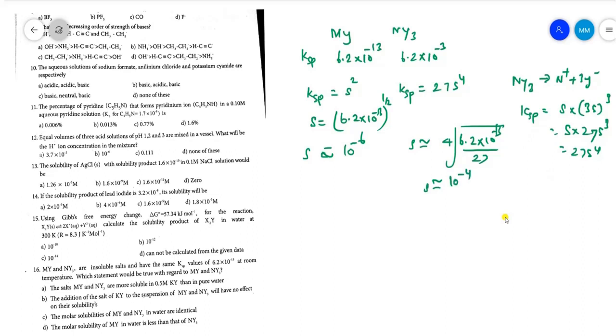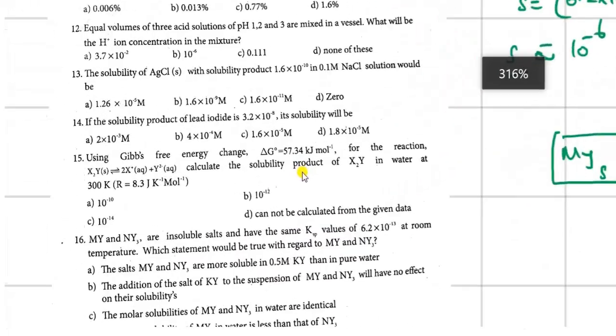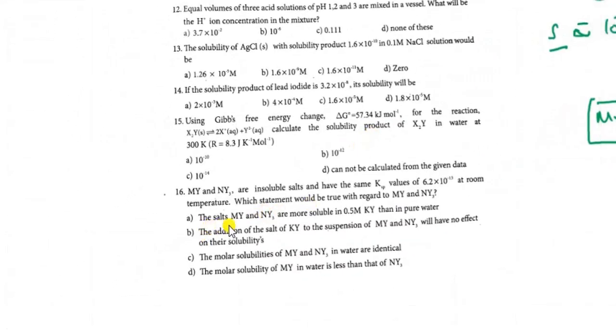So the solubilities of the two compounds are different. So MY solubility is less than that of NY3 solubility. Okay. Now consider the first statement. According to the first statement, the salts MY and NY3 are more soluble in 0.5 M KY than in pure water.